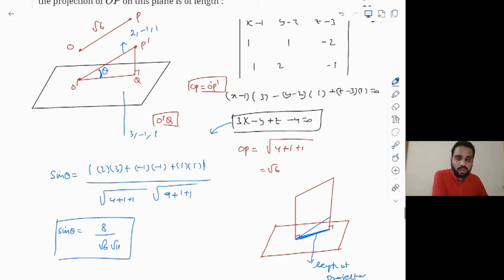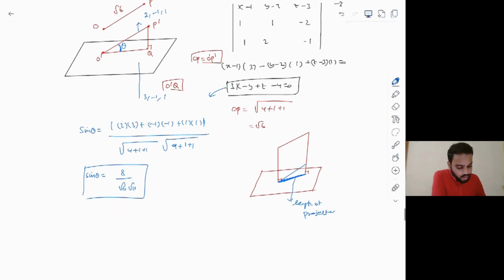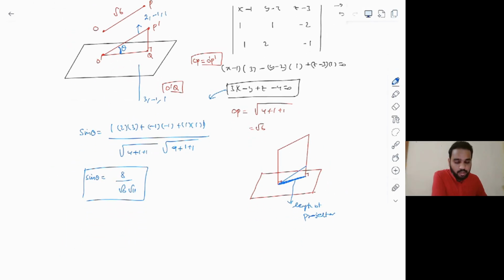So this is the value of sine theta. And why do we need sine theta here? Because if you observe the right angle triangle here, I need the length of O dash Q, so I'm going to apply cos theta there. Cos theta is equal to, in that right angle triangle, O dash Q, that is the projection length, divided by hypotenuse O dash P dash. And if you know sine theta, you can find the cos theta value.